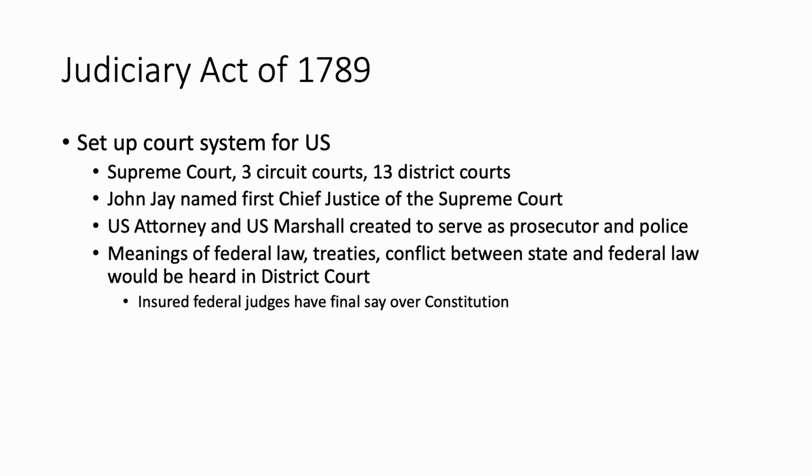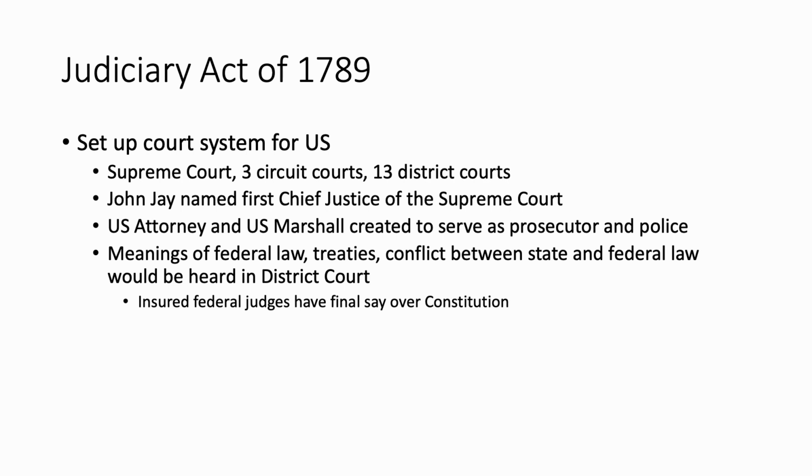While he was president, he helped to establish the Judiciary Act of 1789, which set up a court system for the United States. So the Constitution only set up, okay, you will have a judiciary, but it didn't really go in depth. So this set up the Supreme Court, 3 circuit courts, and 13 district courts.